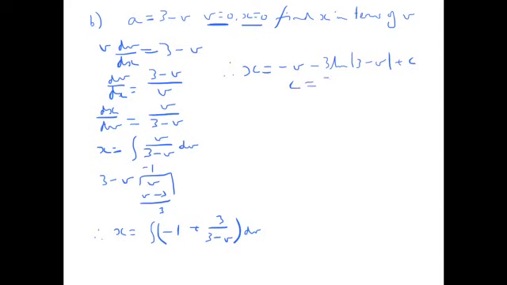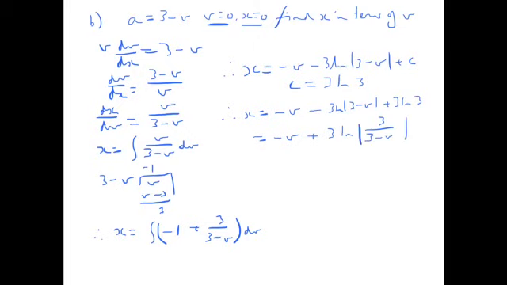So if you put 0 in, you get c is actually 3 log of 3. So x is negative v minus 3 log(3 minus v) plus 3 log 3, which can be simplified to 3 log of 3 over 3 minus v. There's our answer for x in terms of v.